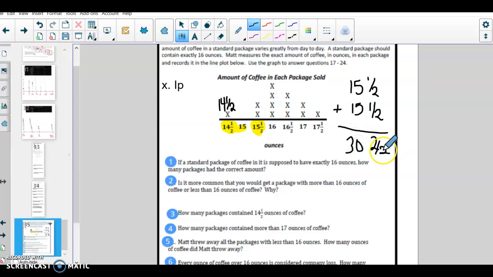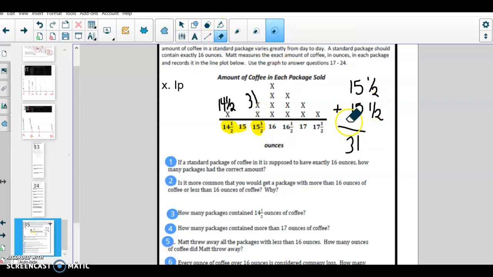Well, wait a minute. 2/2, that's 1 whole. So I would just move that 1 whole over, and it's 31. So this is 31 ounces of coffee for 15.5 total.